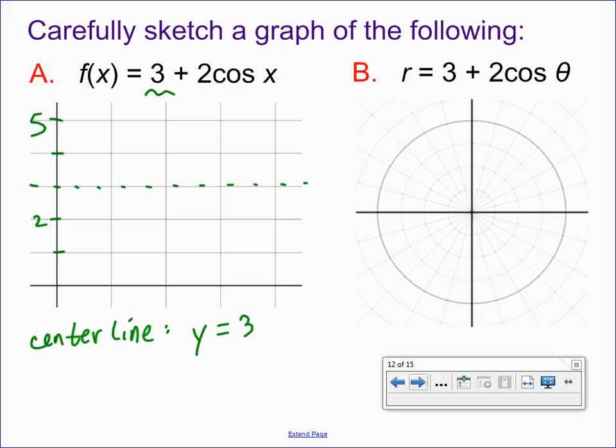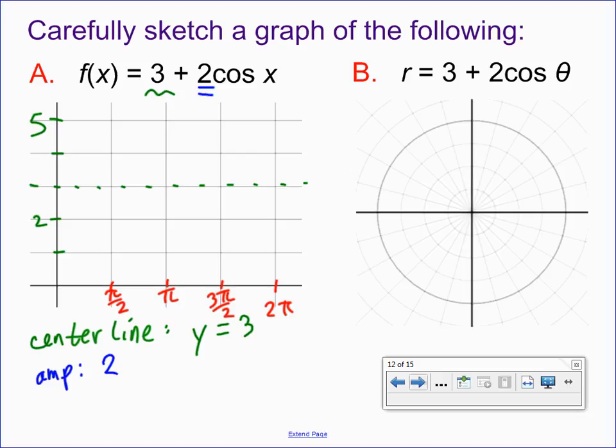Amplitude, Sydney says, is 2. And our window we can still do, looks like pi over 2, pi, 3 pi over 2, 2 pi. All right, let's see if we can produce a graph.